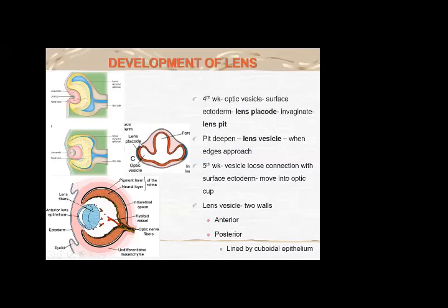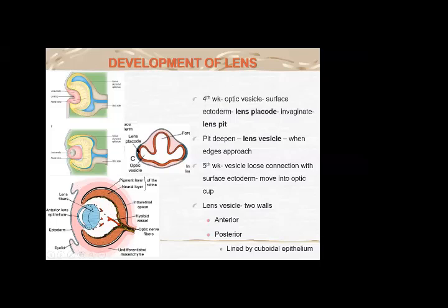The surface ectoderm proliferated, became thickened, and that structure, thickened surface ectoderm, is now called lens placode. Lens की development starts in the 4th week.